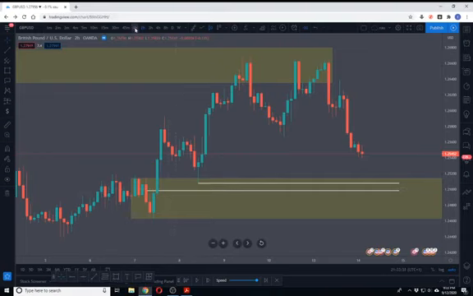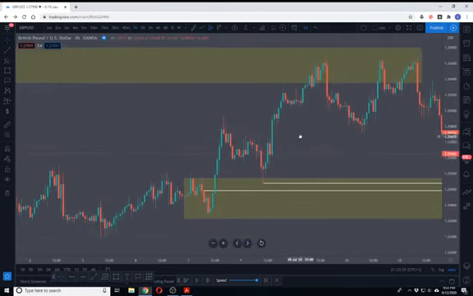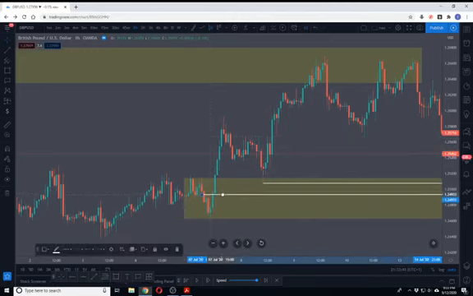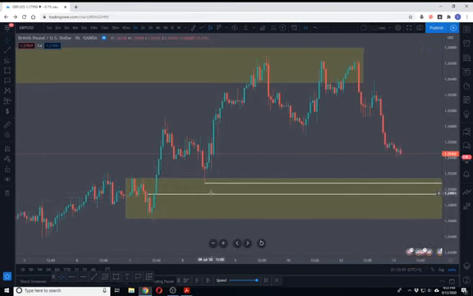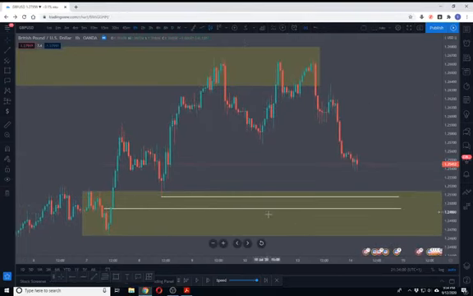Go down to the 1 hour time frame, and we can see again our imbalance, and we could probably get this down to this point over here. We're looking for this imbalance to be filled. There's obviously imbalance further down here, but what we do is set our alert for price to hit this level, then pay attention to the lower time frames and wait for a break of structure on the lower time frames so we can get into a trade.